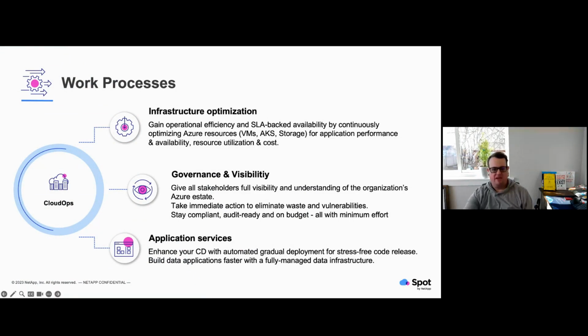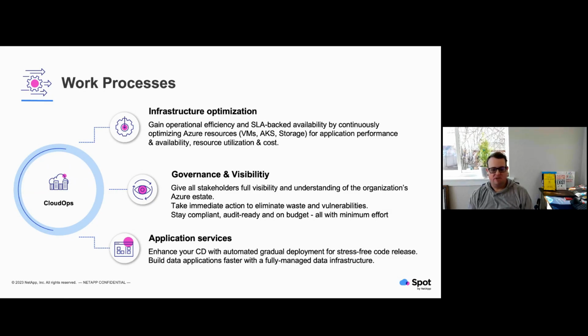So we've talked about gaining operational efficiency. We've talked about having SLA backed storage or backed availability by continuously optimizing your Azure resources, be it virtual machines, be it AKS, be it your backend storage, for ensuring that performance of availability, resource utilization, and cost.